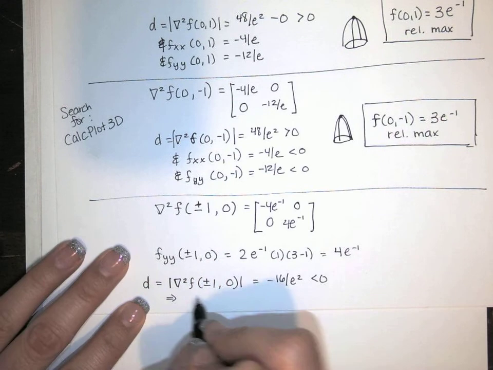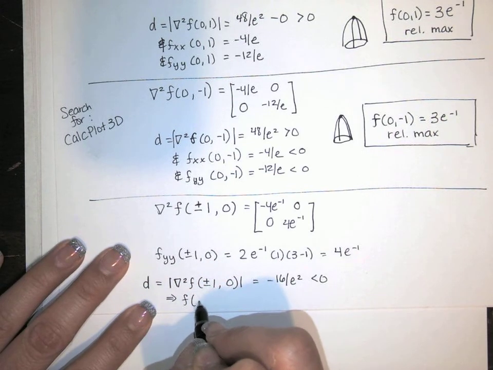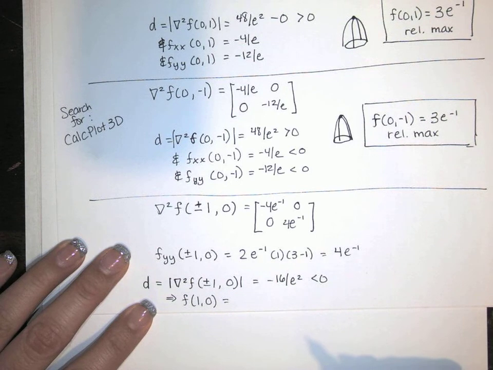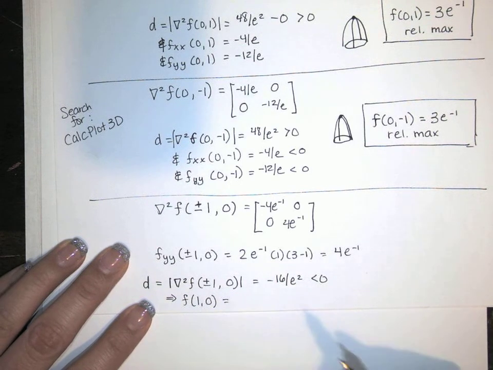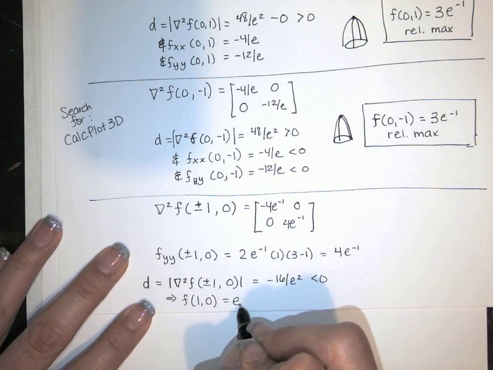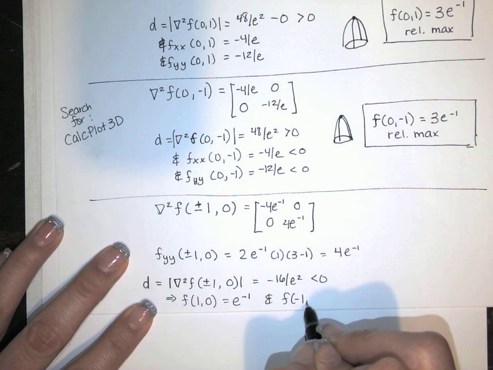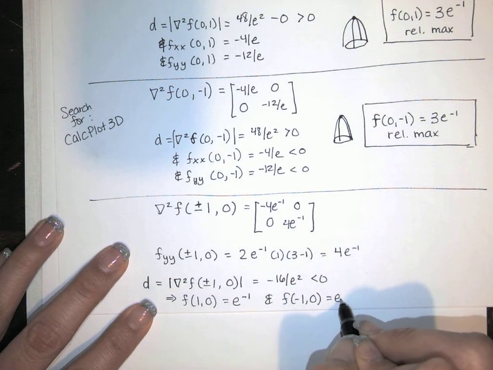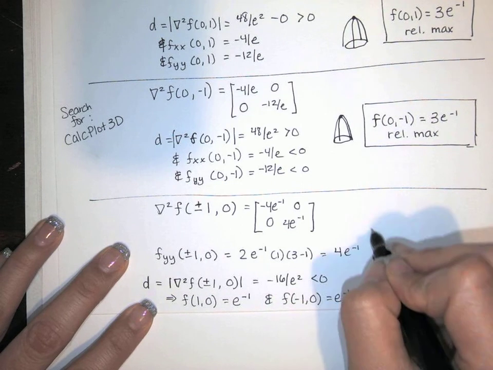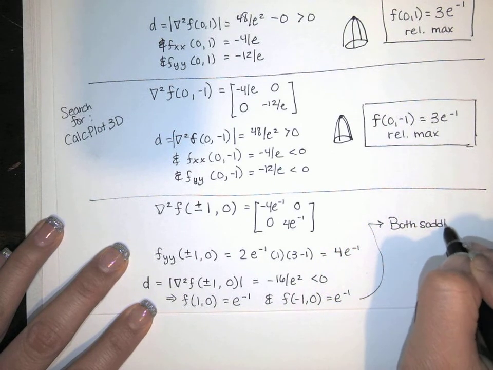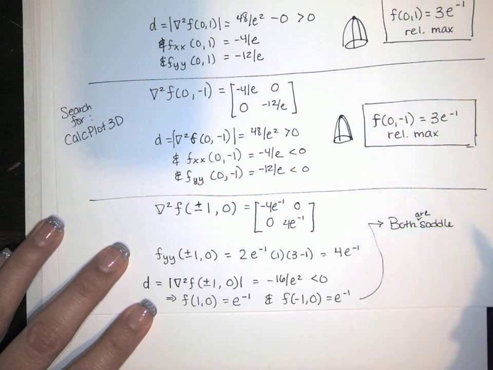So each of those points is a saddle point. When x equals 1 and y equals 0, we get e to the negative 1. And when x equals negative 1 and y equals 0, we get e to the negative 1. These are both saddle points. I should say both are saddle points.